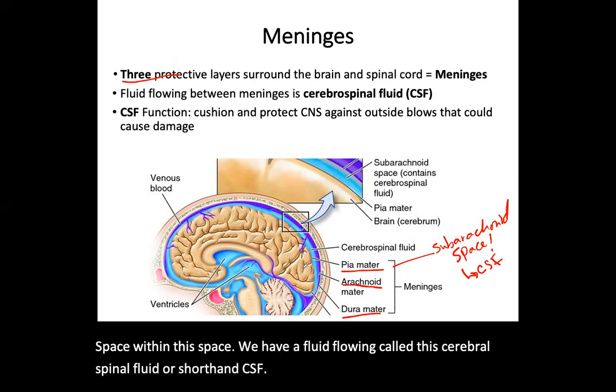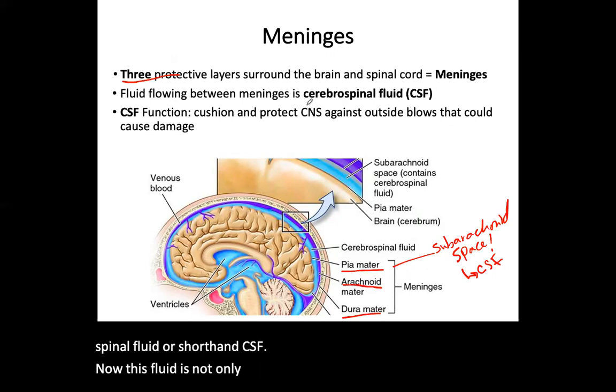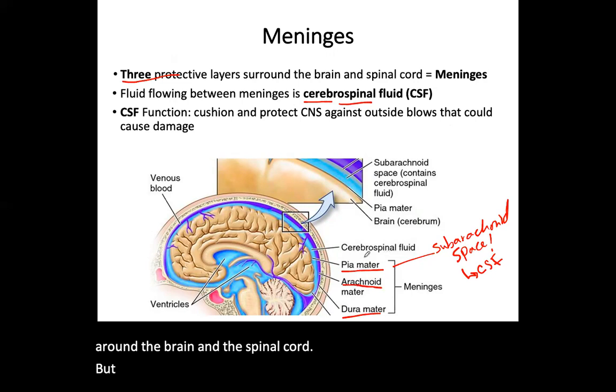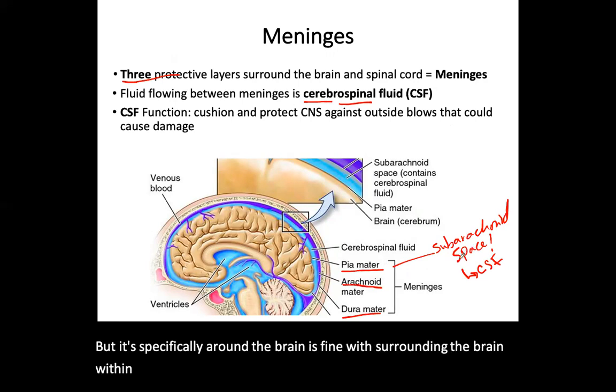Now, this fluid is not only around the brain, as the name implies, it's around the brain and the spinal cord, but it's specifically found surrounding the brain within the subarachnoid space, which is between arachnoid matter and pia matter.